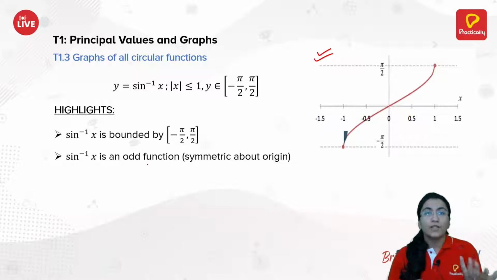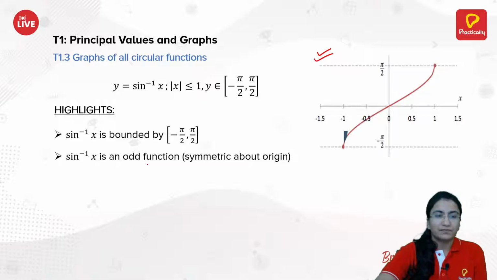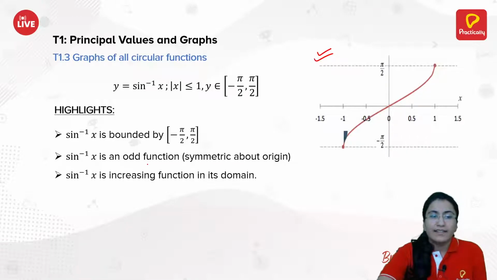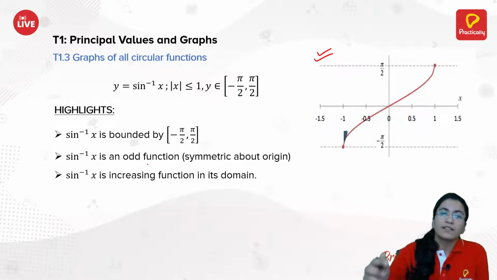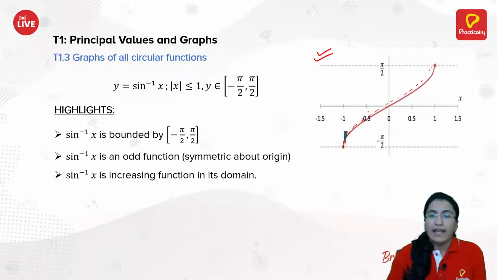If it would have been an even function, it would be symmetric about the y-axis, but right now it is an odd function, so it is symmetric about the origin. Okay. Next highlight is sine inverse x is an increasing function in its domain. You can see from the graph it is always and always increasing, right? As you are increasing x, its value for y is also increasing, right?